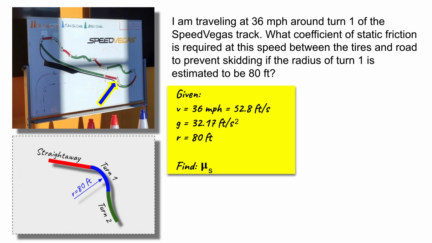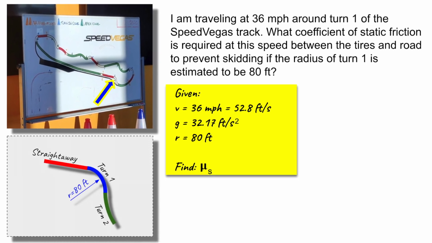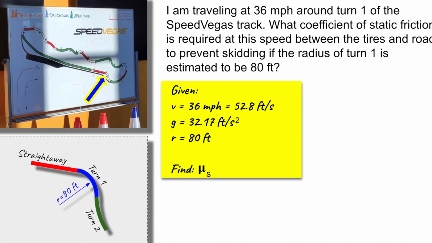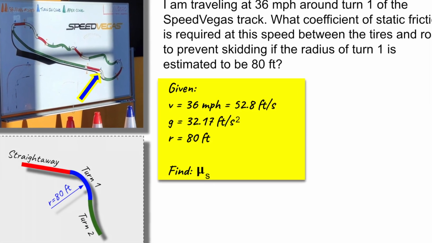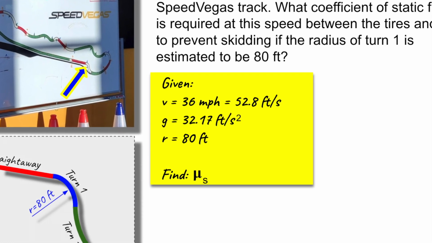So whenever you are doing physics problems, the first thing you need to do is write down everything you know and also convert everything to the same units. That will save time later, especially when you're taking a test or in a crunch when you're doing your homework. So knowing I had the radius in feet, I converted my speed from miles per hour to feet per second.